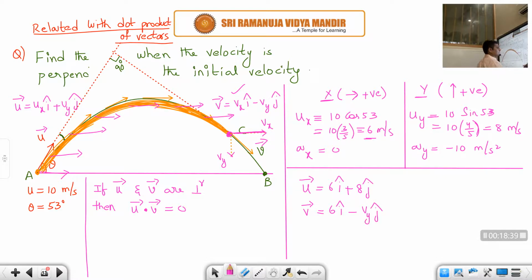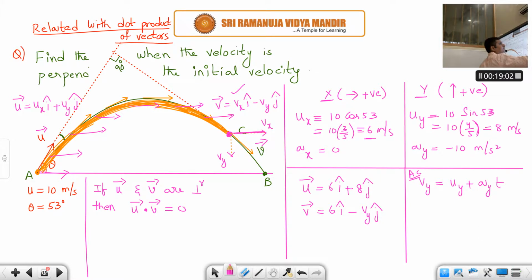Now I want this vy. So how to get that vy? Students, focus in the y direction again. So vy is equal to uy plus ay into t. Correct or not? In the interval A to C, if I apply this equation, vy is equal to uy plus ay into t.